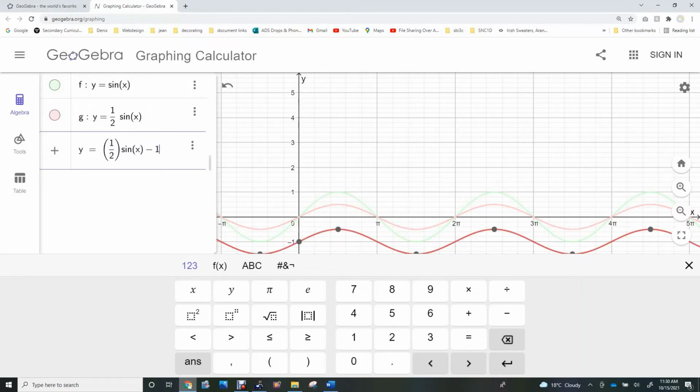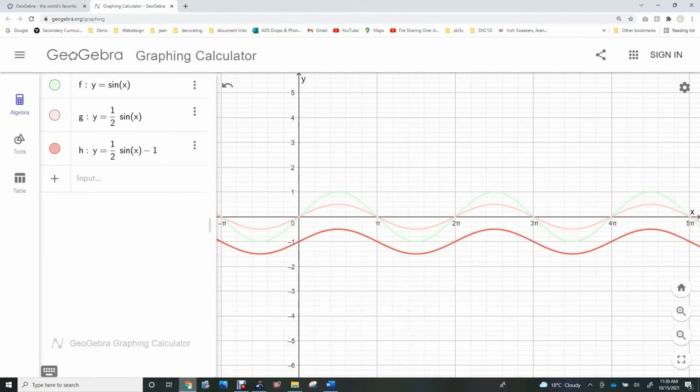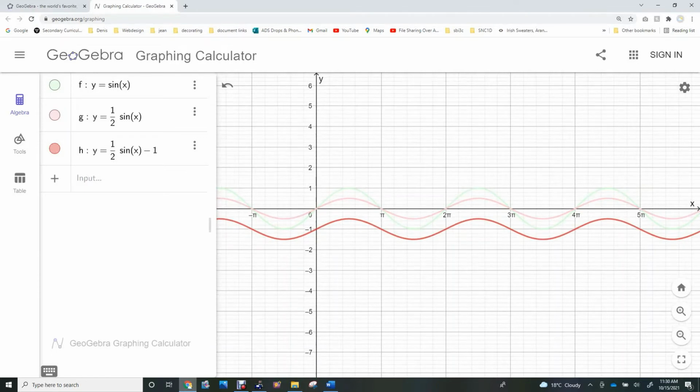So I'm going to add -1. Now you'll see the new graph, and you'll notice that instead of the midpoint being at 0, it's now shifted down to -1.